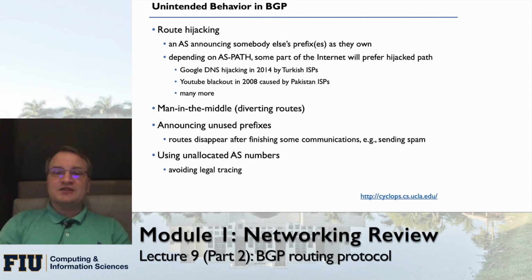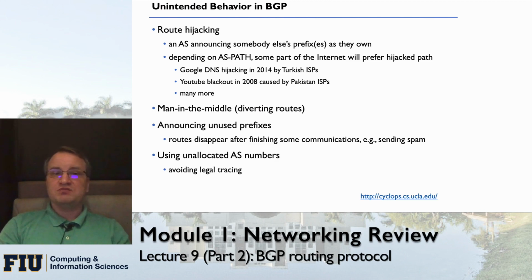The problems that I can highlight here, one of them is route hijacking. This is effectively what I just mentioned. Sometimes it's done for a good reason, sometimes accidentally, sometimes maliciously. Effectively what you need to do is be part of the global routing system, have BGP sessions with your neighbors, and simply announce a prefix with a different AS path.